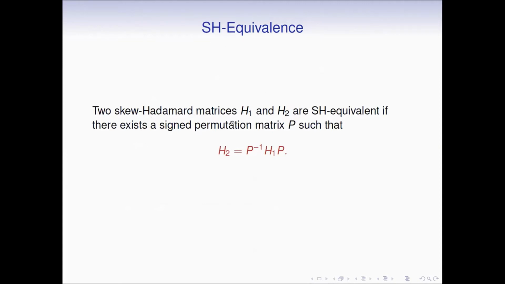Two Skew-Hadamard matrices H1 and H2 are called SH equivalent if we have this relation: H2 is equal to P transpose, or P minus 1, H1 P. So the permutation on rows and columns are the same. The permutation we are applying on rows is the same as the permutation we are applying on the columns. Also, the pattern of negations of rows and columns are the same.